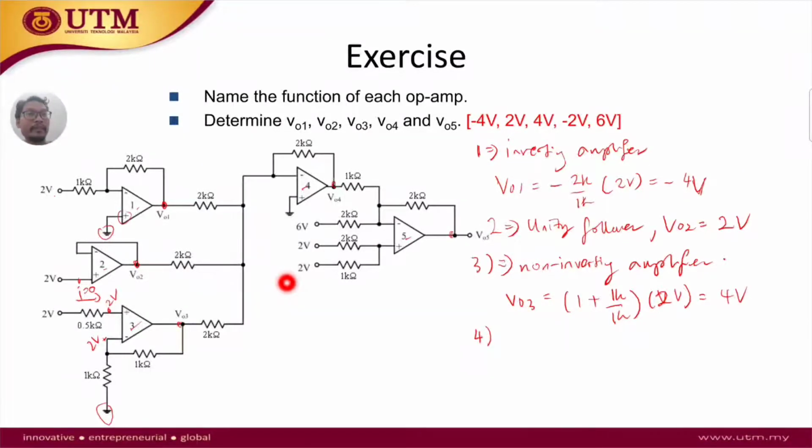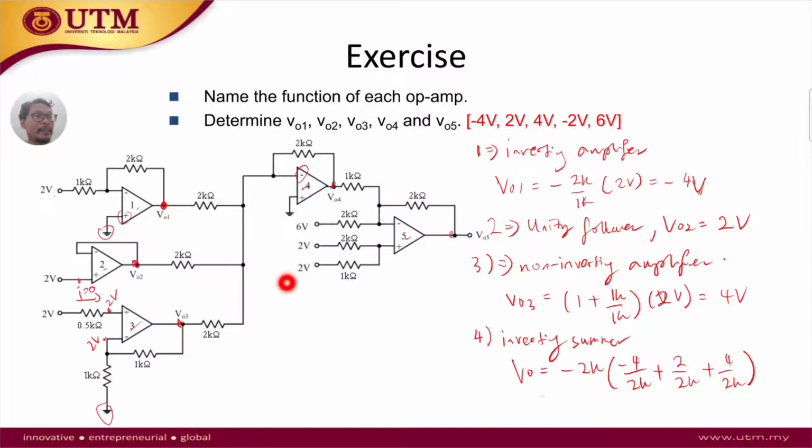Number 4, we can see that we have Vout1, Vout2, Vout3 with a negative feedback, and this is called the inverting summer. In the inverting summer, your Vout is simply going to be negative 2k times Vout1 over 2k, so Vout1 is negative 4 over 2k, plus Vout2 over 2k, so 4 over 2k.